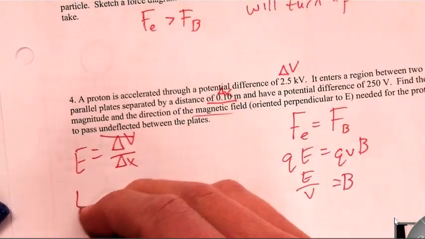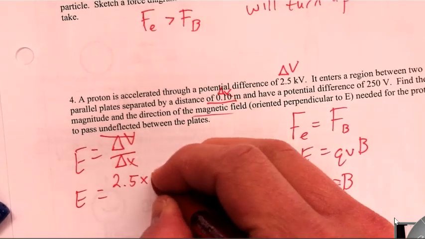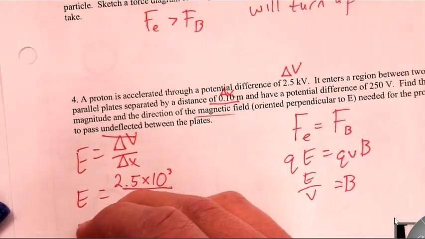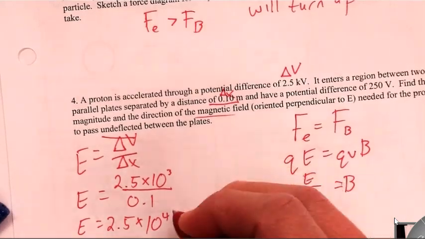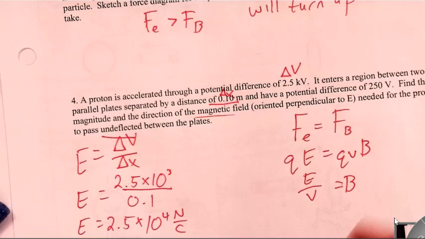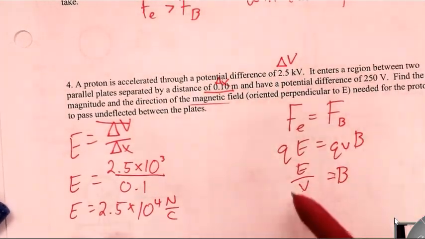So the electric field is just 2.5 kilovolts times 10 to the third divided by 0.1, which is equal to 2.5 times 10 to the fourth. And the units are newtons over coulombs or whatever. There's other units as well. So that's electric field. Now I need to find the velocity.